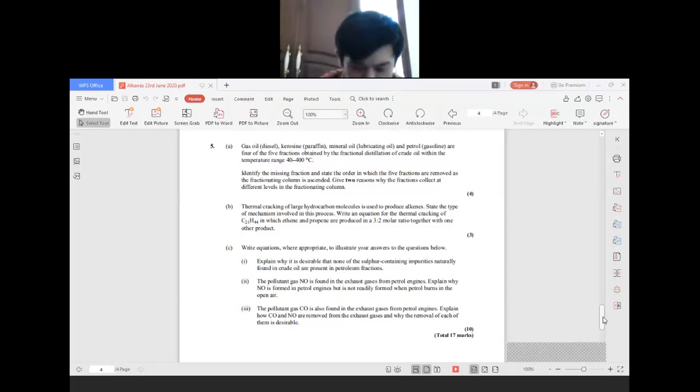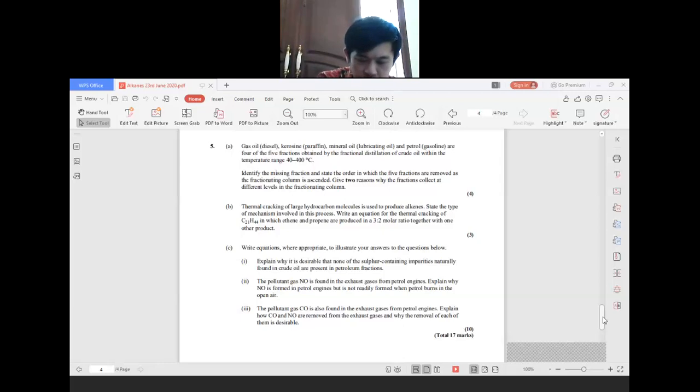Identify the missing fraction. The missing fraction is naphtha. Give 2 reasons why the fractions collect at different levels in the fractionating column: because they have different boiling points.